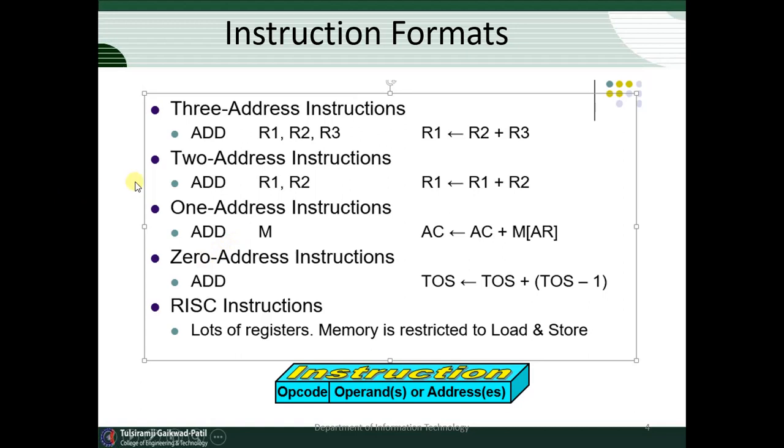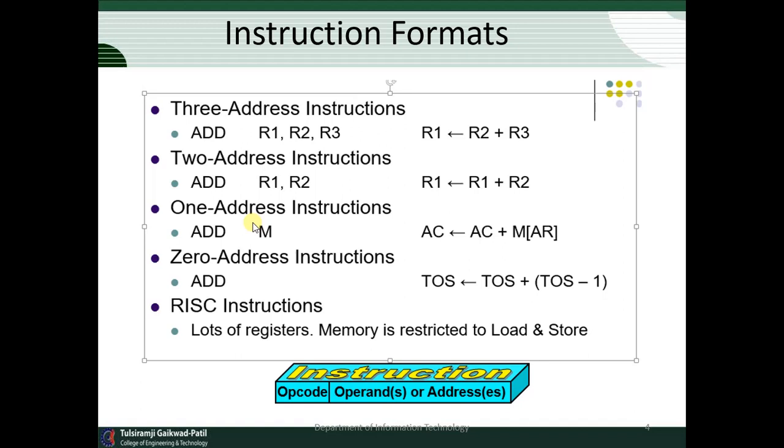The third type is the one address instruction, where we use only one register. Add M: the accumulator, AC, is added with the memory location, and the result is again stored in the accumulator. That's why it is called a one address instruction.